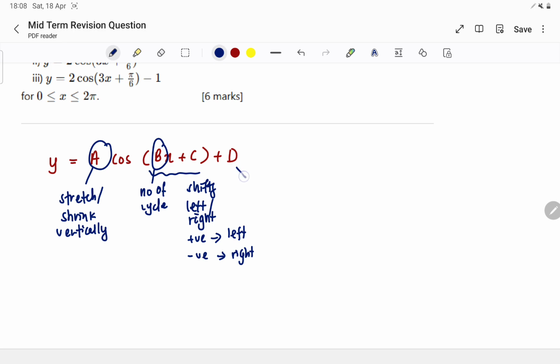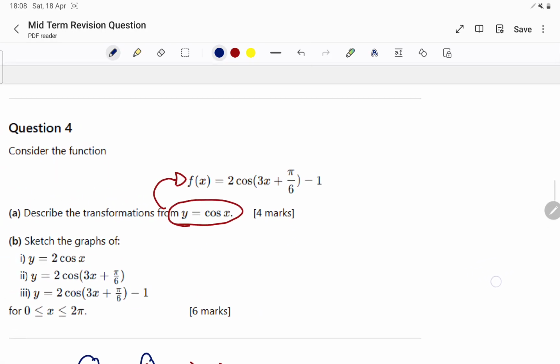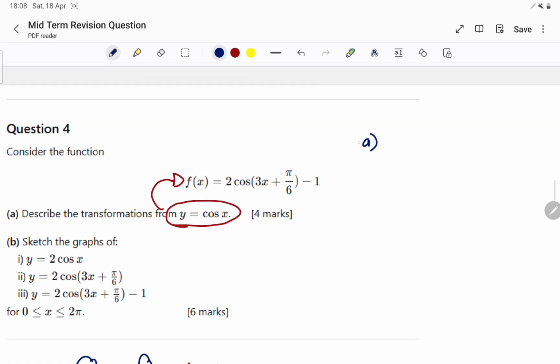And then d, we have shifting upward and downward. If it is positive, then it shifts upward. If negative, shift downward.